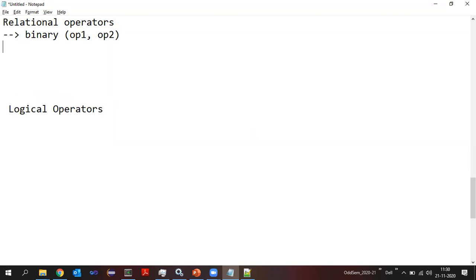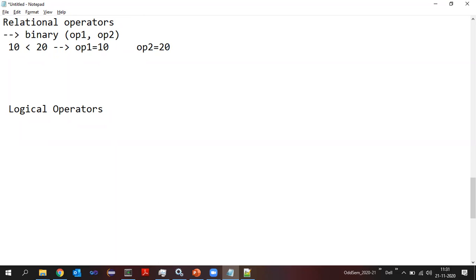For example, in the earlier case we had taken 10 less than 20. In this, operand 1 is 10 and operand 2 is 20.